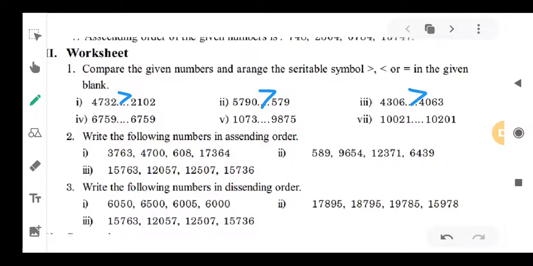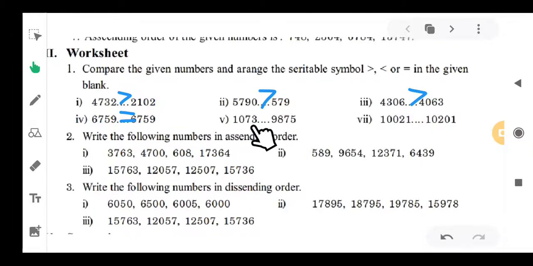Okay. Next one, this is 6759 and this is 6759. So these are the same numbers, so you have to put an is equal to symbol. Next one, this is 1073, this is 9875.